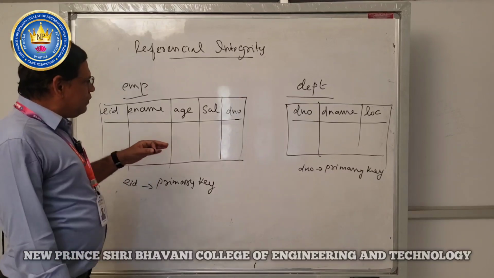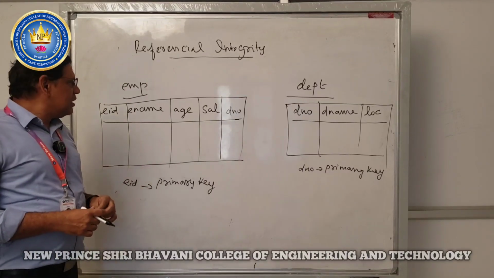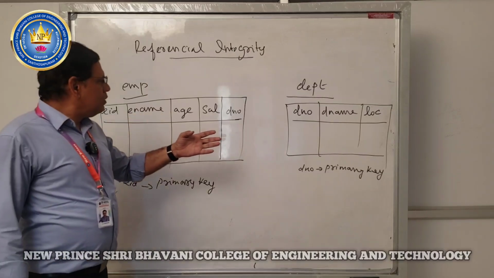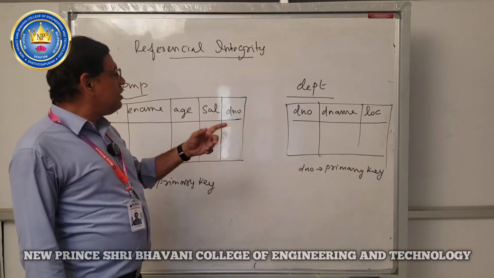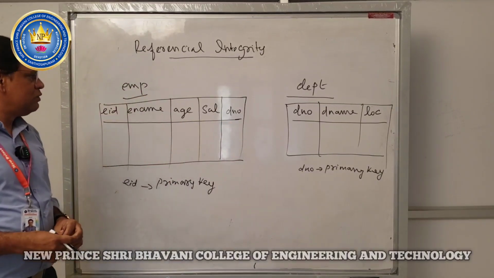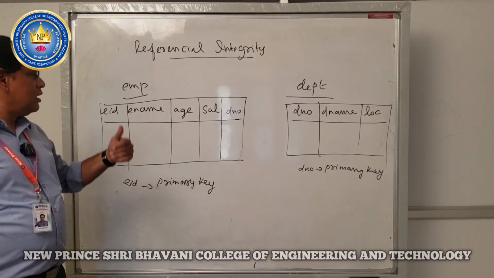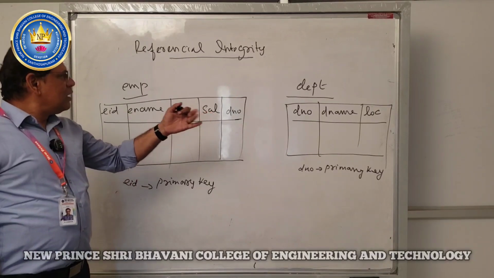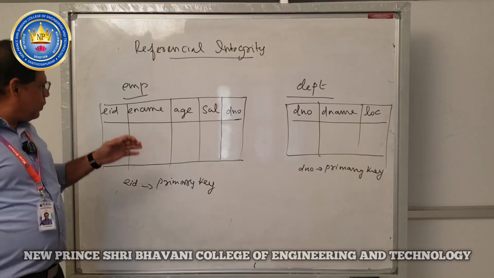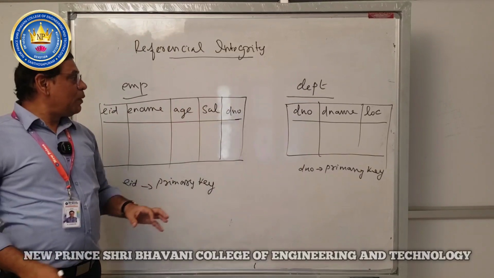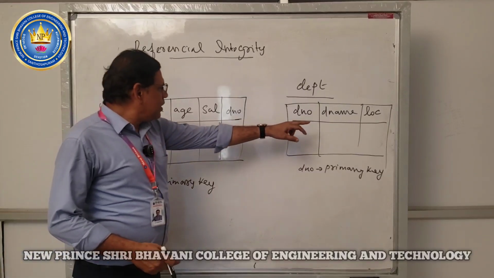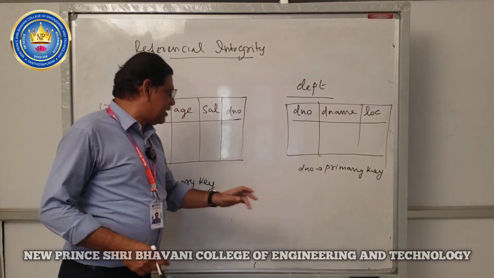The advantage of using this is that redundancy will be reduced. For example, suppose you make the employee and department tables one table; then all the department names and locations will repeat here.